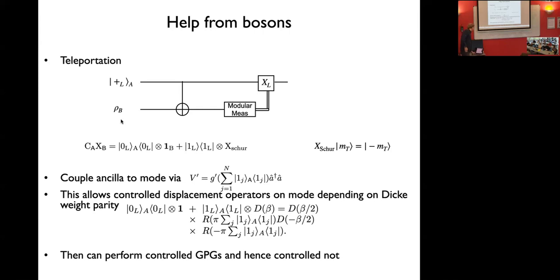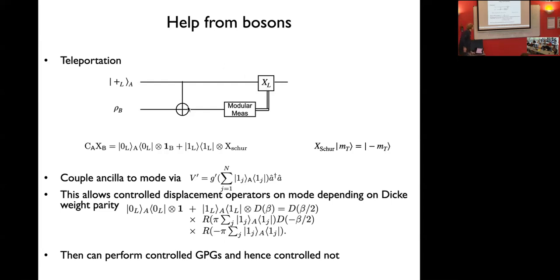Then you could prepare another logical state in the plus state for the PI code, perform something we call a C naught, followed by one of these modular measurements of JZ, and then based upon the outcome of that, perform a controlled logical X operator. The logical X operator is just a transversal bit flip, so that's not hard to do.